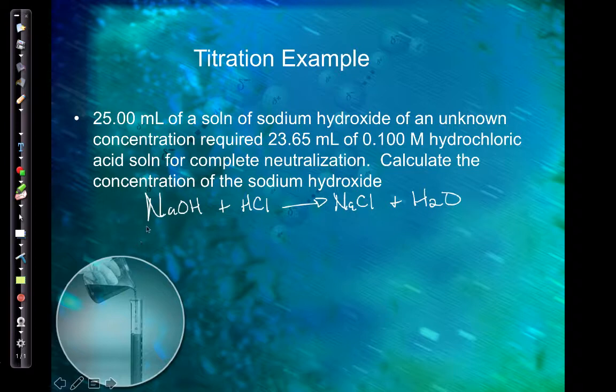So what do we know? We know that we had 25 milliliters of this. I don't know the molarity of this. I also know that it required 23.65 milliliters of the HCl, and I know the molarity of that. So if I want the concentration of the sodium hydroxide, the molarity, I need two numbers.